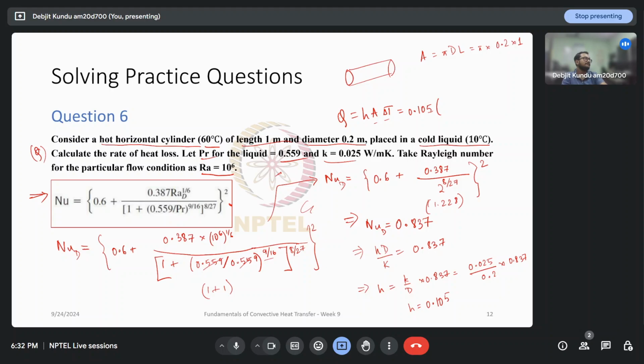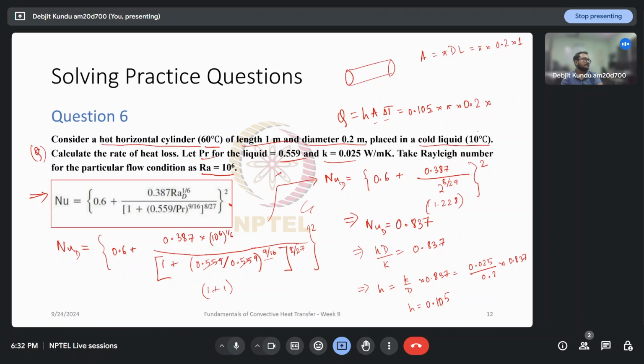So basically I have 0.2 into pi. Let's just plug it in here. Pi into 0.2, that's area.